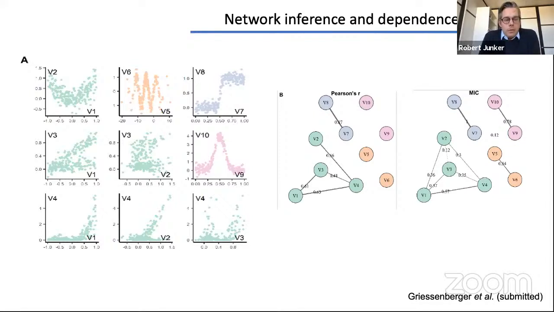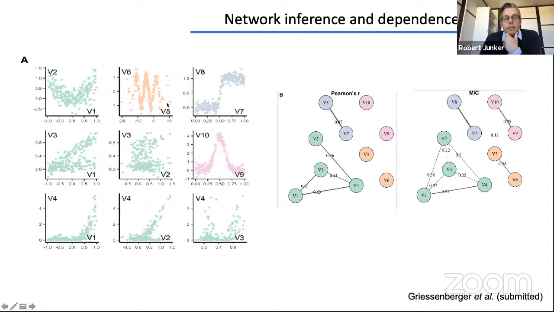And here we simulated data sets that form modules. The green module, these are variable 1 to variable 4. And you see how they depend on each other. Some dependencies can be monotonic or can be at least measured by Pearson. Others are clearly asymmetric.